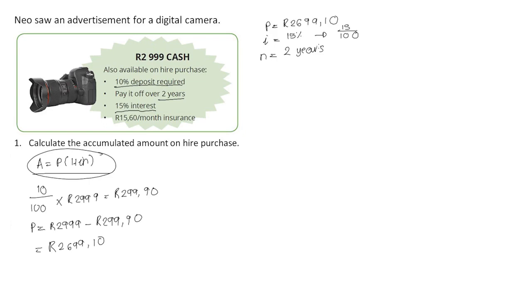We then simply plug the values into the equation. On simplifying, we get a final amount of 3,508 Rand and 83 cents. Therefore, the accumulated amount on the hire purchase is 3,508 Rand and 83 cents.